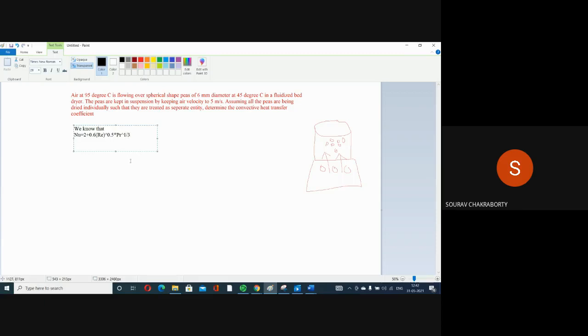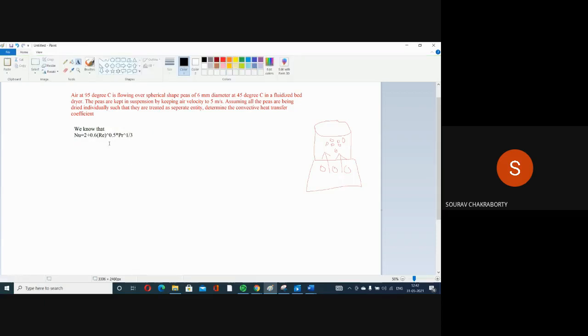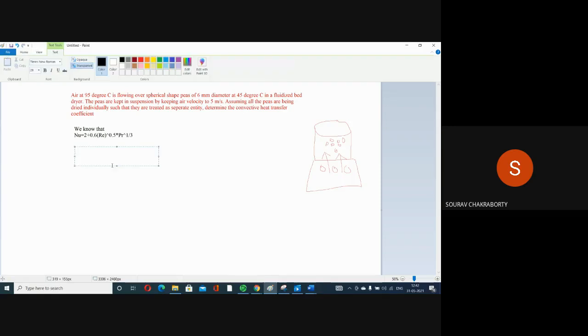Okay, for applying this equation, the condition I forgot to mention in the previous portion is that your Reynolds number should be in between 1 and 70,000, and your Prandtl number should be in between 0.7 and 400.